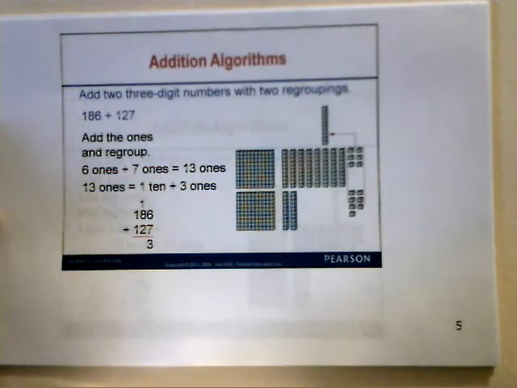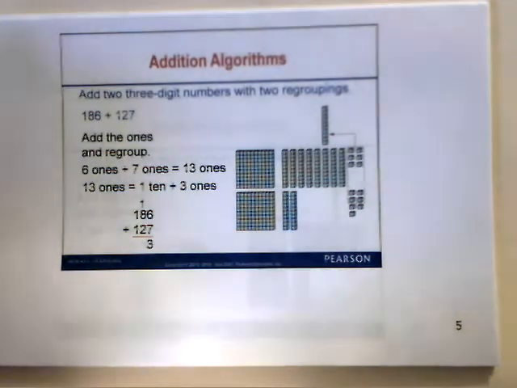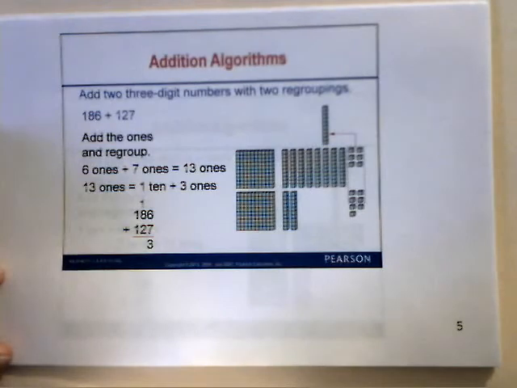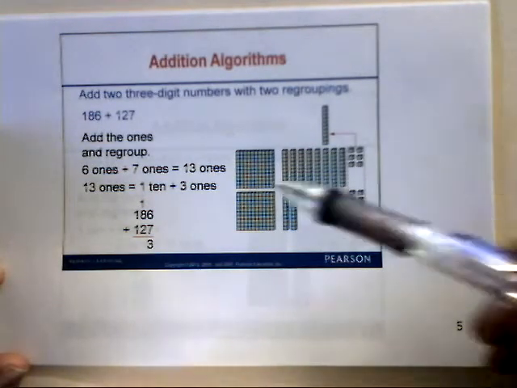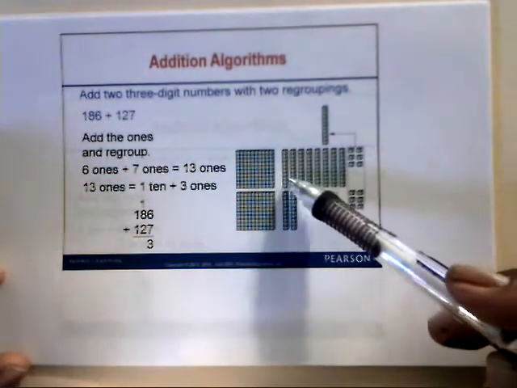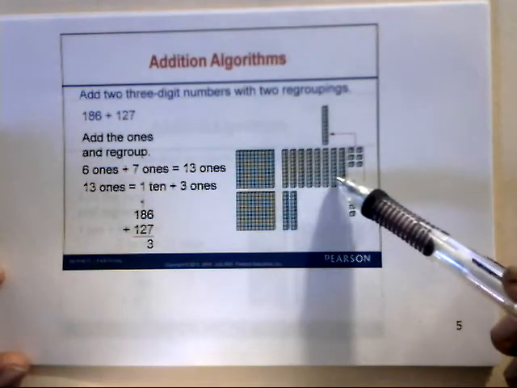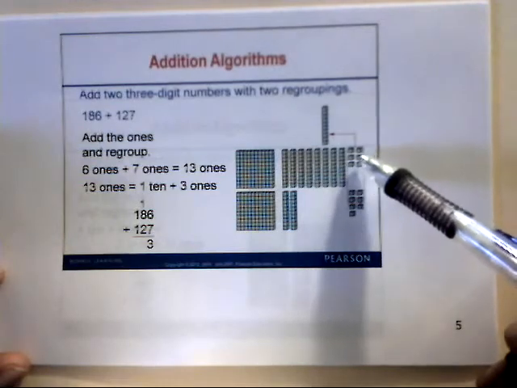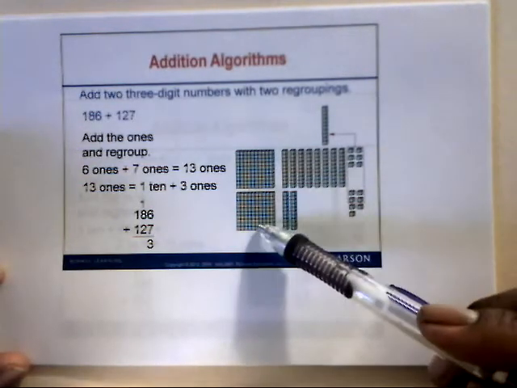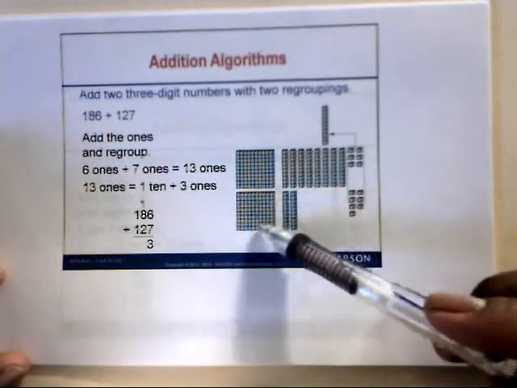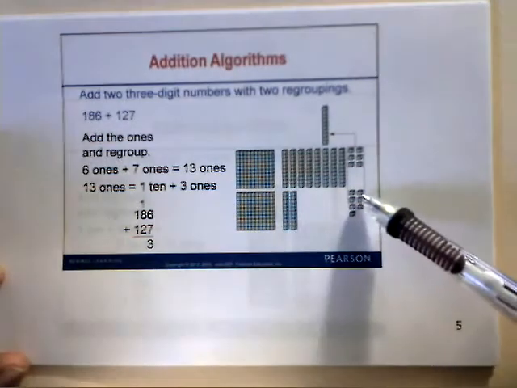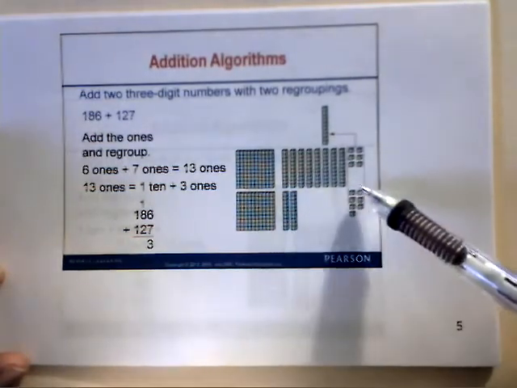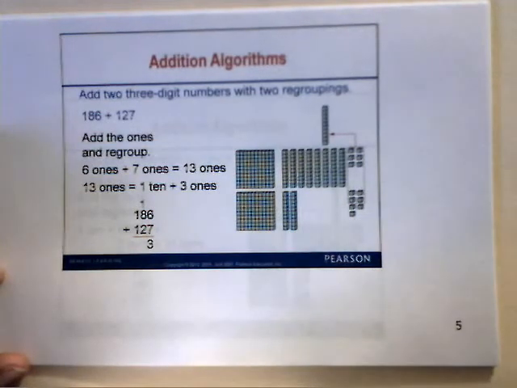Let's look at two 3-digit numbers that have two regroupings. Let's say we have 186 plus 127. If we represent 186, you're going to have 1 flat, 8 longs, and 6 unit cubes. 127 is represented by 1 flat, 2 longs, and 7 unit cubes.